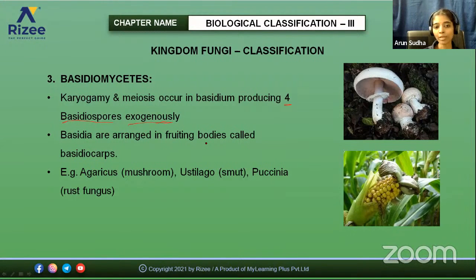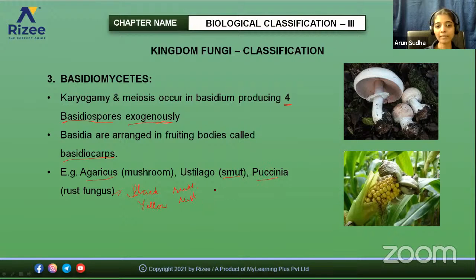They are arranged in fruiting bodies that are called basidiocarps. An example is Agaricus bisporus, the mushroom, and Ustilago, which causes smut disease, and Puccinia, the rust fungus, which causes different types of rust like black rust, brown rust, and yellow rust, depending upon the different species of Puccinia.